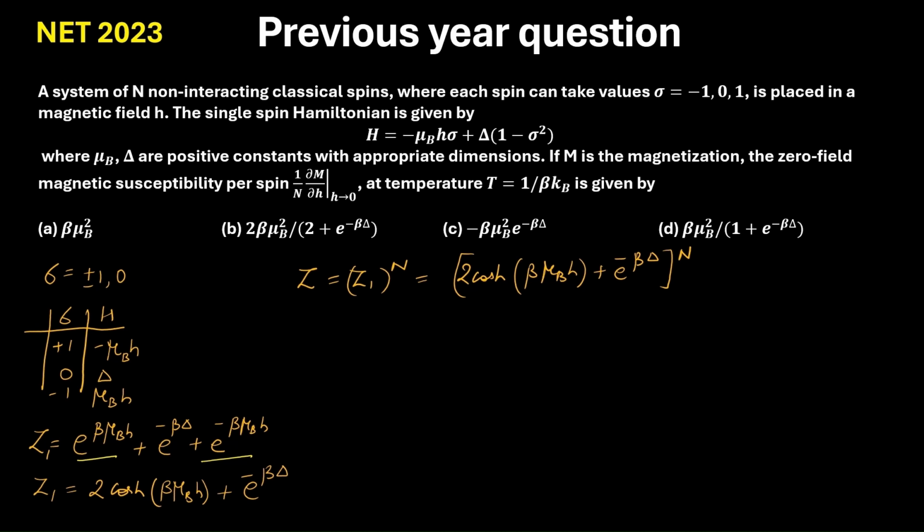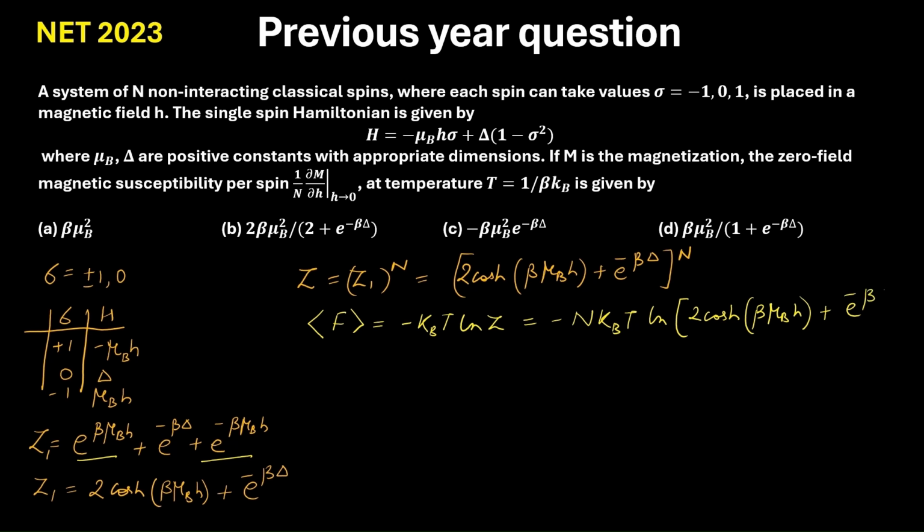Now we are told to find the magnetization. So first we need to find the free energy. Free energy is given by minus k_B T log of Z. So this will be equal to minus N k_B T log of [2 cosh(beta mu_B H) plus e to the power minus beta delta].